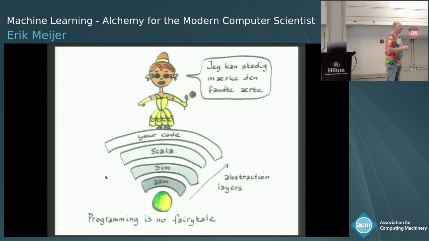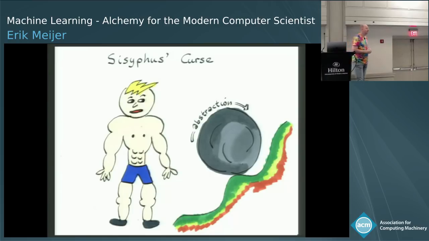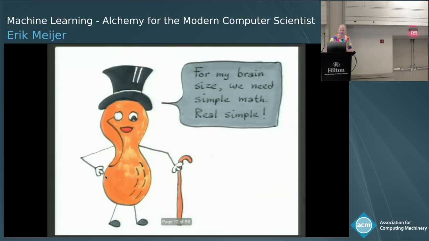Wouldn't it be much nicer if we could build our whole field on something much more simple? I think that is possible, because otherwise we will keep trying to push the stone up the hill, and it will come rolling right back to crush us.